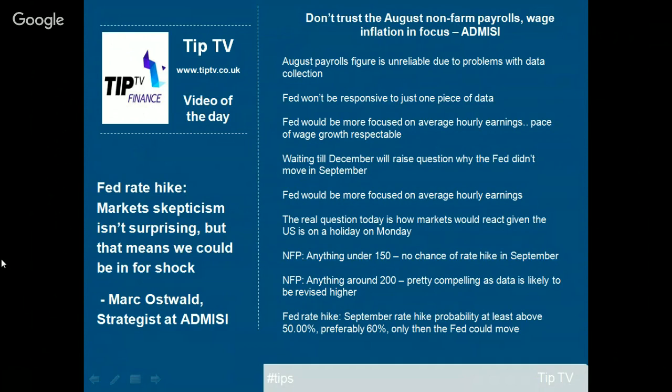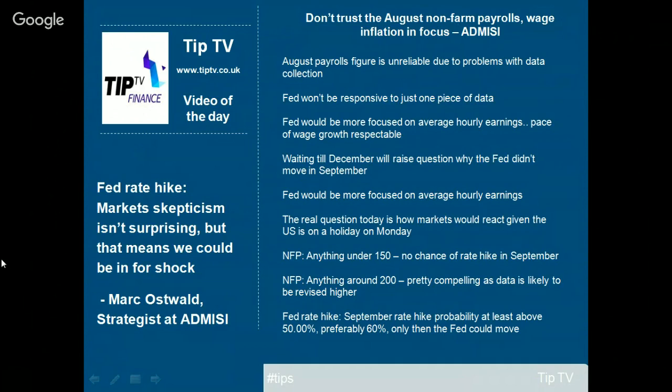And anything around 200 is pretty compelling as far as rate hike bets are concerned, and that would cement expectations of a September rate hike. The interesting point that Mark makes here is that the Fed would raise rates only if it sees the September rate hike probability above 50%, at least 50%.